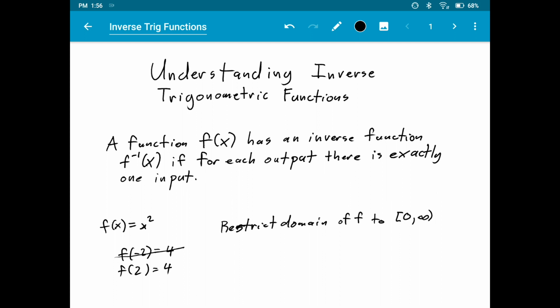And I get that f inverse of x is just equal to the square root of x. And so restricting the domain can at times fix this kind of reason for not being able to have an inverse function. With trigonometric functions, this will be a key to understanding the inverse functions.